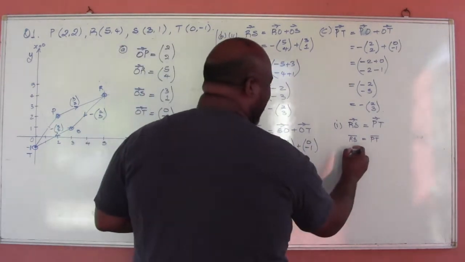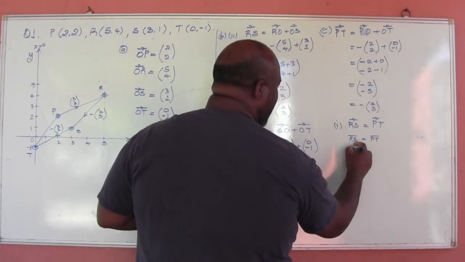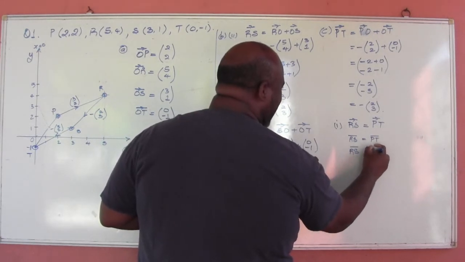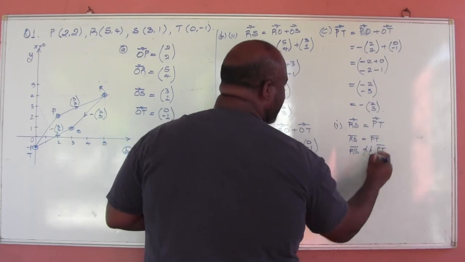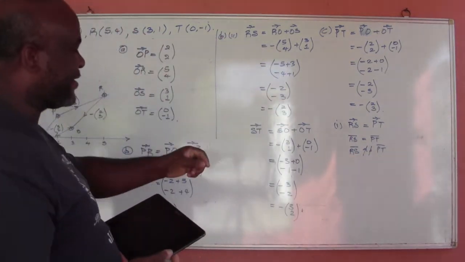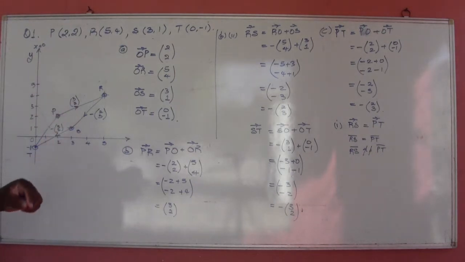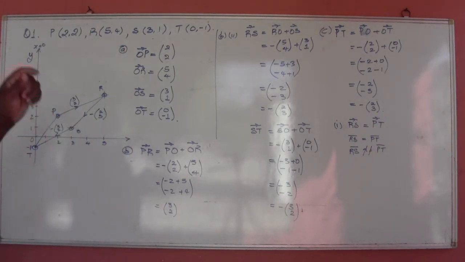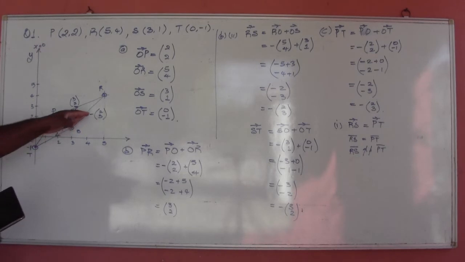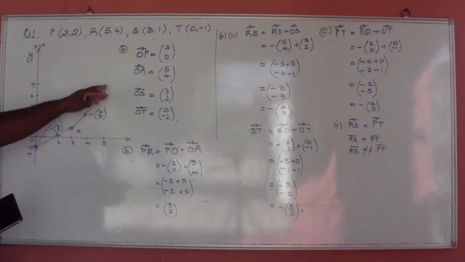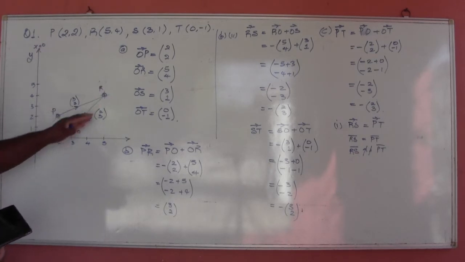And RS is parallel to PT. So the length of the line RS is equal to the length of the line PT, and RS is parallel to the line PT.